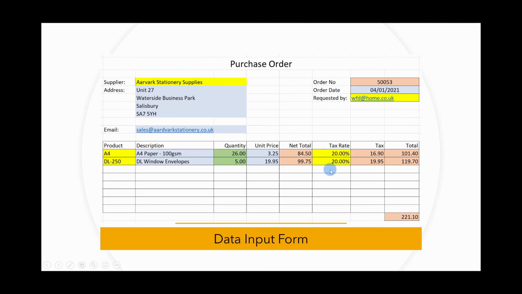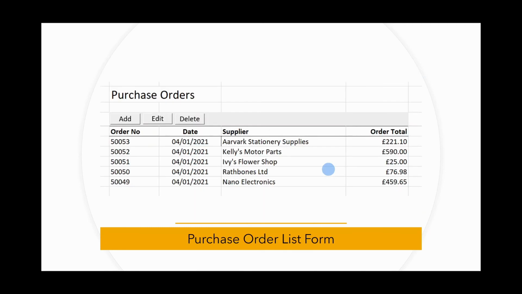But before we get to that, we need a method of actually accessing this. What I've decided to do here is to provide a list of purchase orders, as we have done, for example, for products or suppliers, with buttons at the top to add, edit, or delete purchase orders.